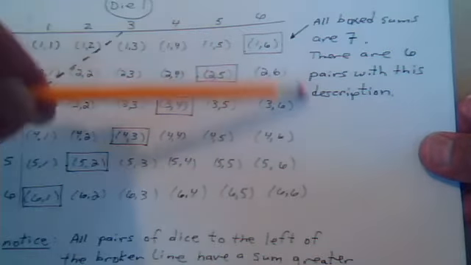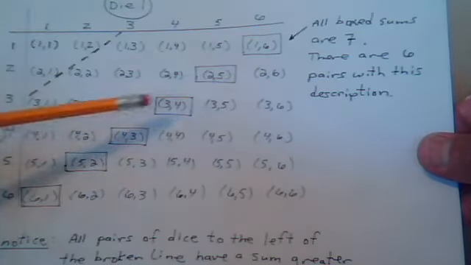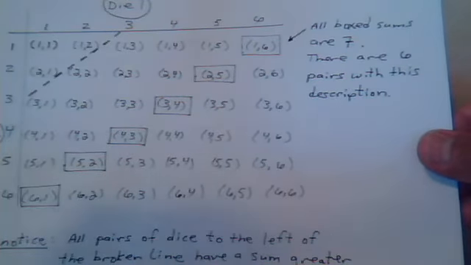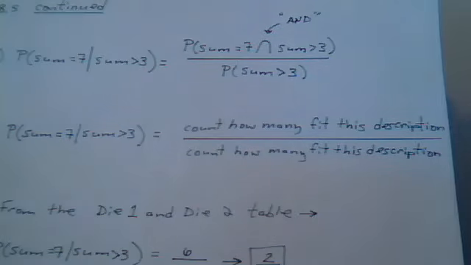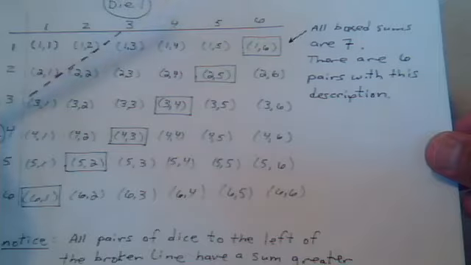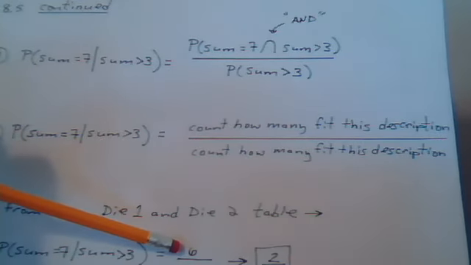These, out of this group, which is a group that has a sum greater than 3, 1, 2, 3, 4, 5, 6, also fit the description that the sum is 7. So notice how many fit this description that the sum equals 7 and at the same time the sum is greater than 3? 1, 2, 3, 4, 5, 6. So the 6 goes here.